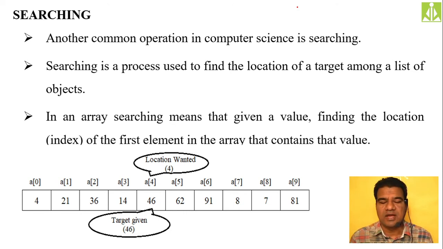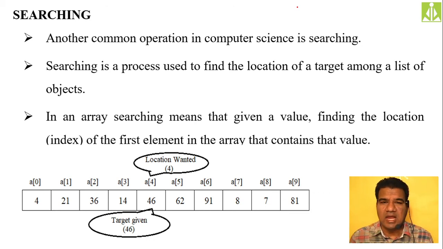Immediately what we have to do is look for the target inside the given list. One by one we do the comparison of the given target with all the elements present inside the list.